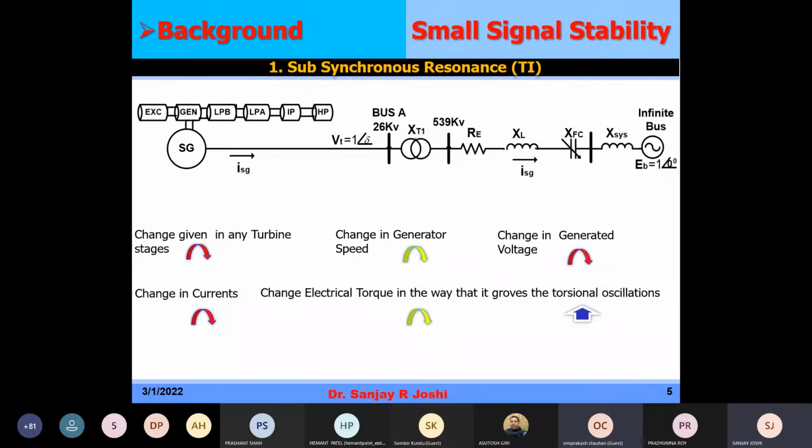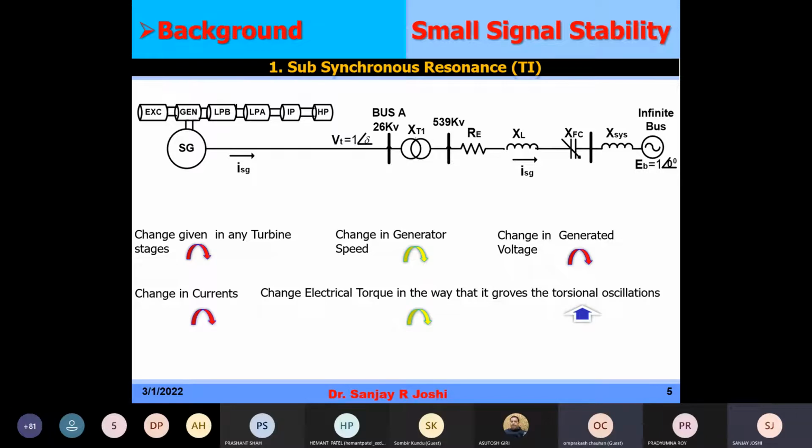Here mechanical dynamics is also there. These masses, exciter mass, generator mass, low pressure turbine A, low pressure turbine B, intermediate pressure turbine, high pressure turbine, etc., are running in tandem, and these masses are rotating under steady state condition at rated speed.